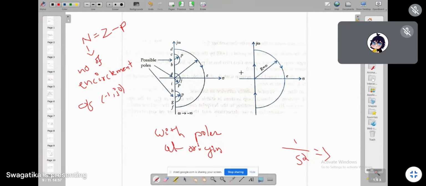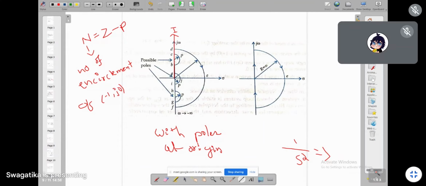This one is your path number 1. And this is your path number 2.